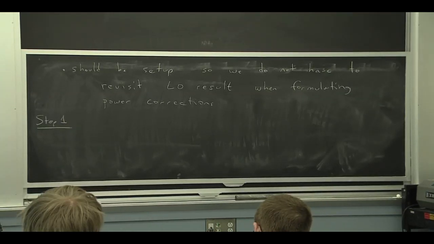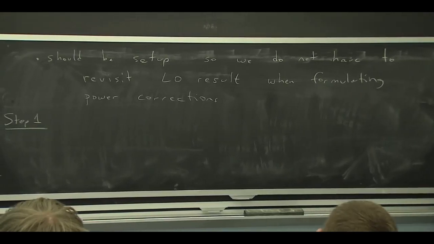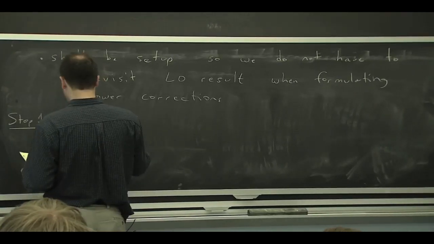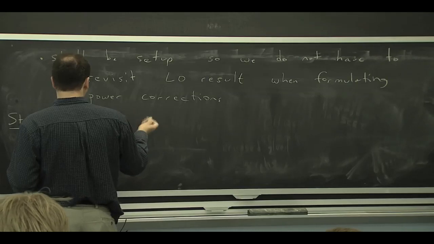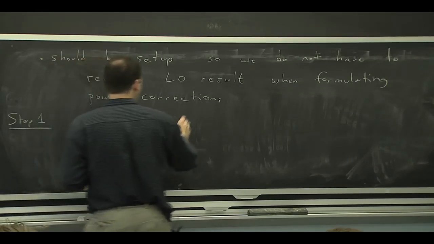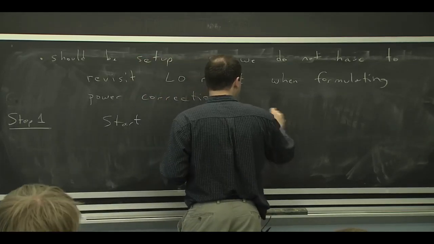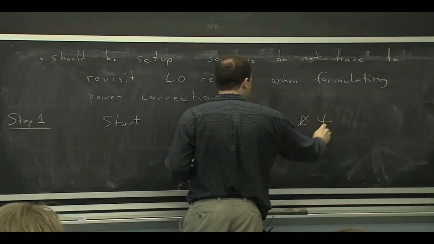So let's start with, this is a top-down effective theory. So we can start with QCD, and then we can integrate out the off-shell degrees of freedom. We can just formulate what the SCET is by starting with the QCD Lagrangian and splitting it into the fields that we want and manipulating it.